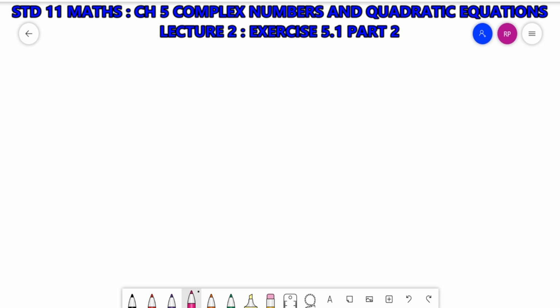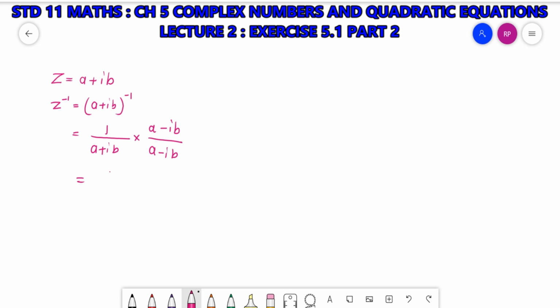Before starting, let's see what is the multiplicative inverse of a complex number. If z is equal to a plus ib, that is the complex number, then its inverse will be 1 upon a plus ib. Let's multiply by its conjugate, that is a minus ib upon a minus ib.